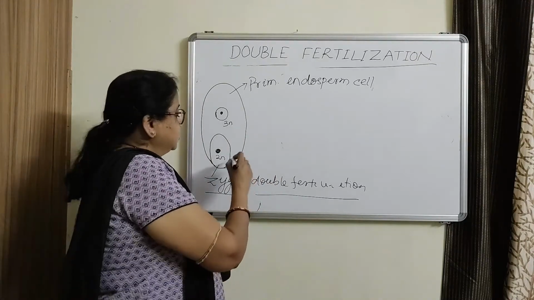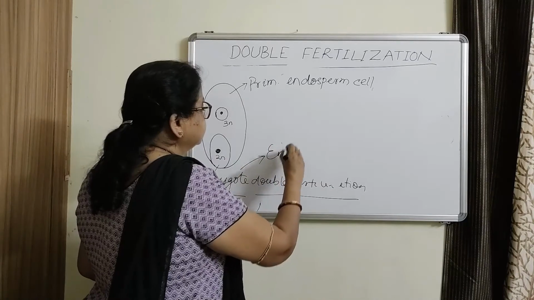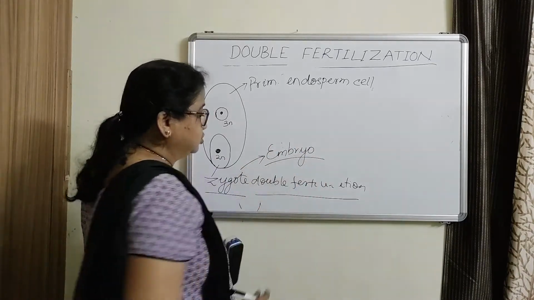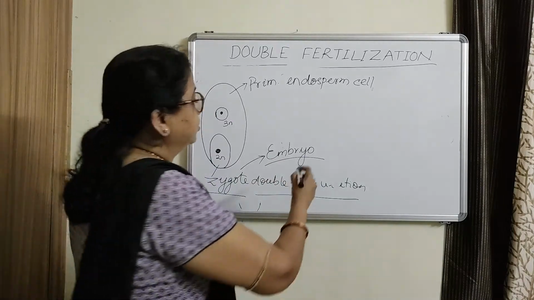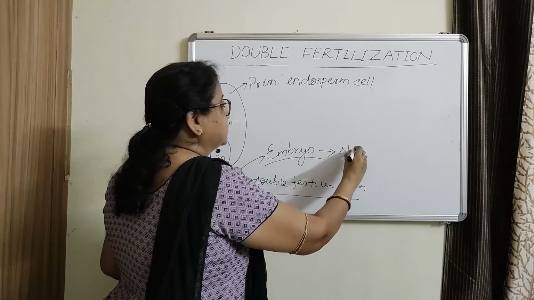The zygote, by further division, gives rise to the embryo, which develops into a new plant.